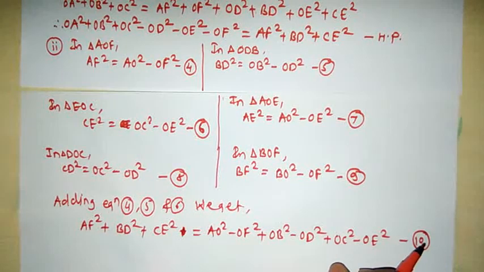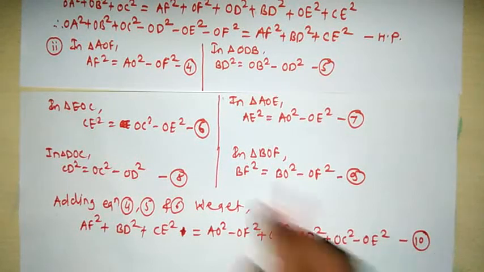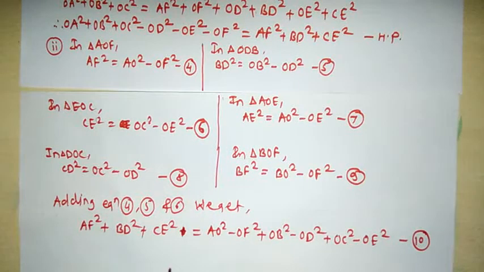And also in the proof we want AE square plus CD square plus BF square. That also we will write here.